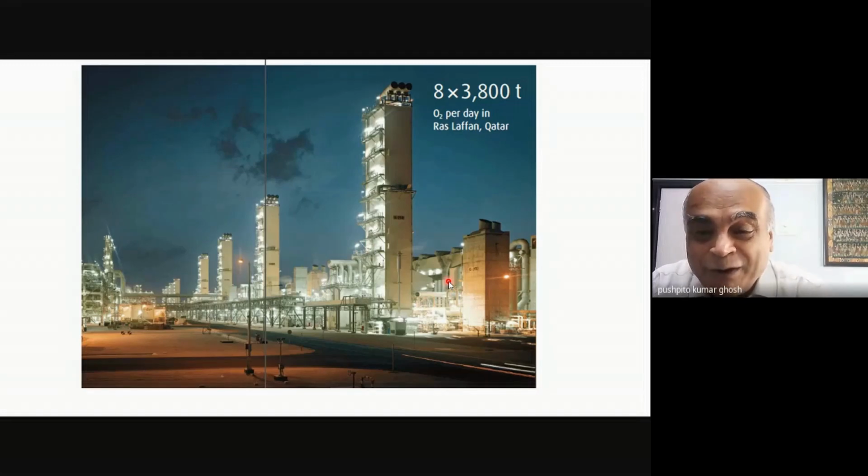Sometimes I wonder, even with a very high capacity, but in the vicinity of these plants, there must always be a shortage of air, the rate at which air is getting sucked in. So it's really quite enormous.